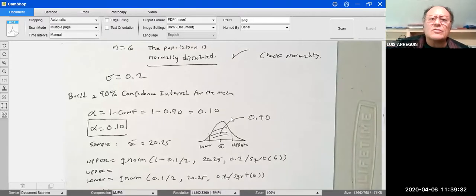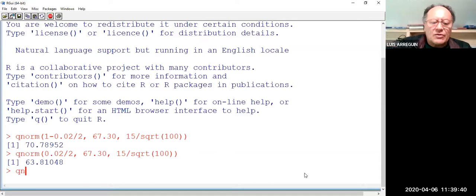So let's move on to R now. This is what we're going to do. We have qnorm of 1 minus 0.1 over 2. The mean is 20.25. The standard deviation is 0.2 over the square root of 6.